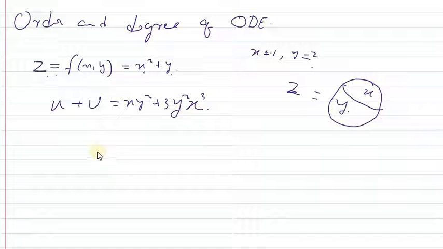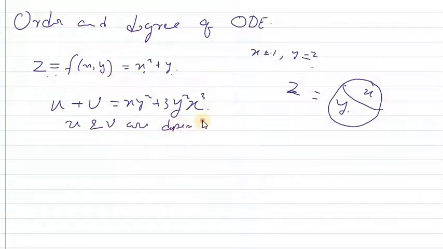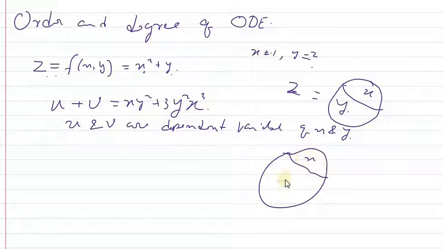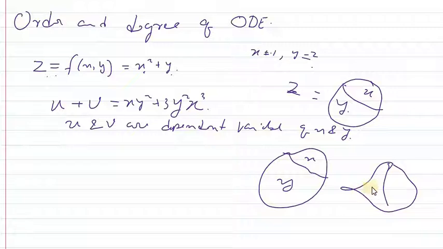If I have given it like this, with the statement that u and v are dependent variables of x and y, we are saying that x and y are independent variables and u and v are dependent variables. This means our u will have some part x, some part y, and likewise v.